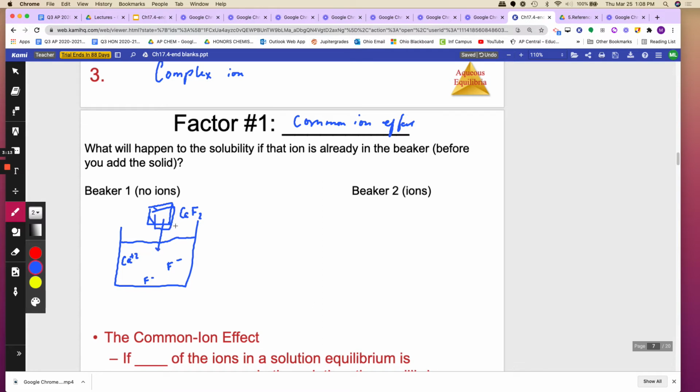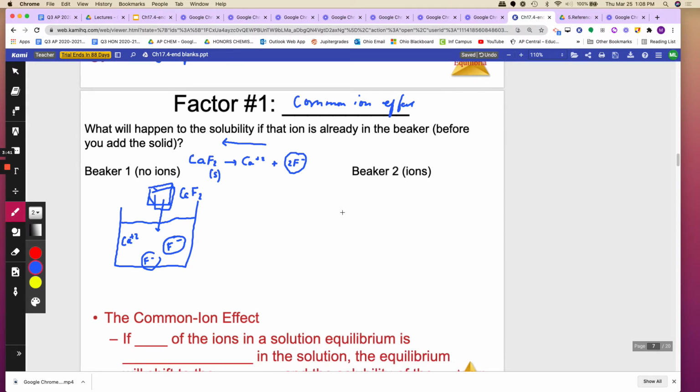What's going to happen is the solubility will go down because there's already ions in there, and it's going to push this equilibrium. So CaF2 wants to dissolve into Ca+2 and 2F-1. If you already have some of this, it'll push this equilibrium to go left, which means you will dissolve less. It'll stay together as a solid. Okay?